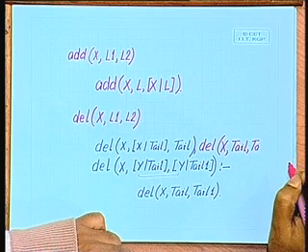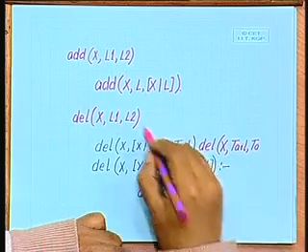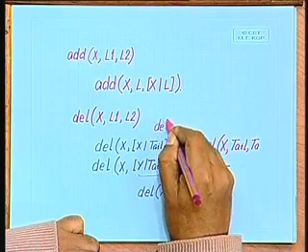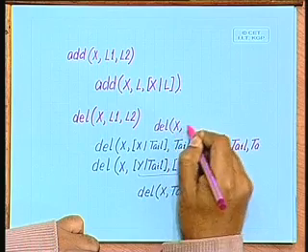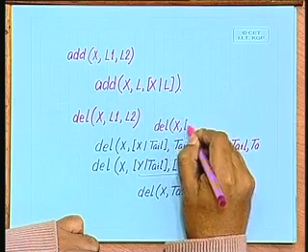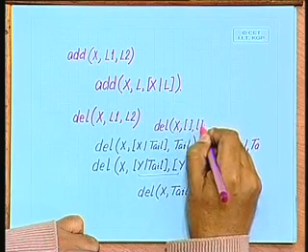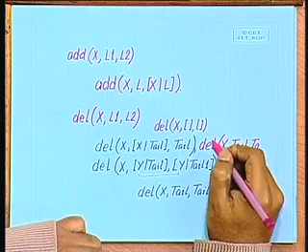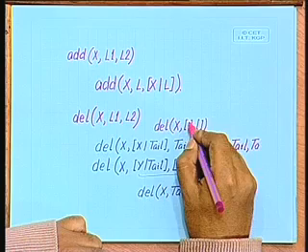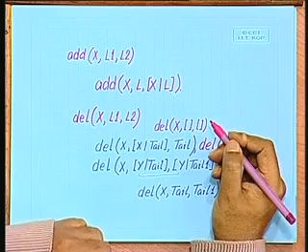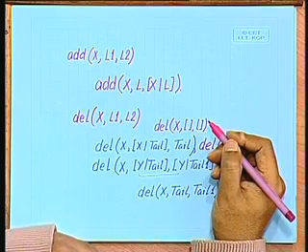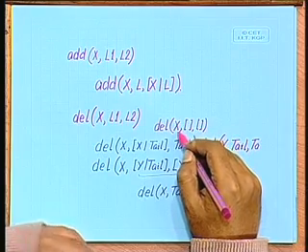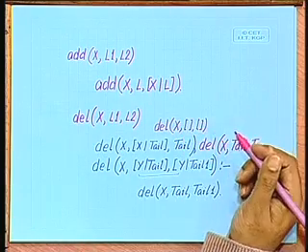No, the termination criterion will be when we have delete x, and we have the empty list here and the empty list here. What if the last element is not x? So you have to go to a point where you are deleting x from an empty list and the result is also an empty list.